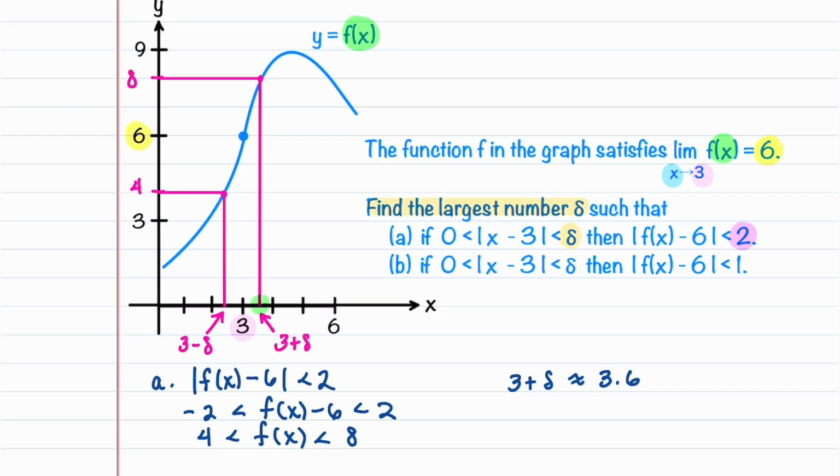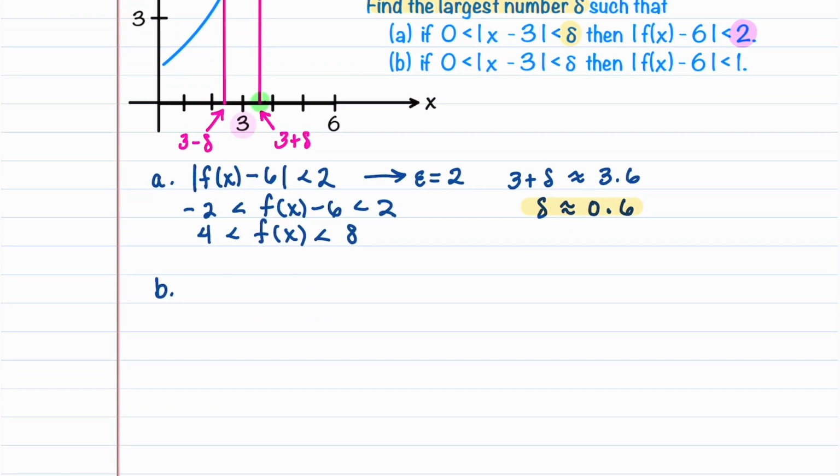That's looking at this point right there. Subtracting 3 from both sides, we get that delta is approximately 0.6. This tells us that the largest value delta can be is 0.6 to ensure that our function lies between 4 and 8. And let's just make a note that our epsilon from up here is equal to 2.